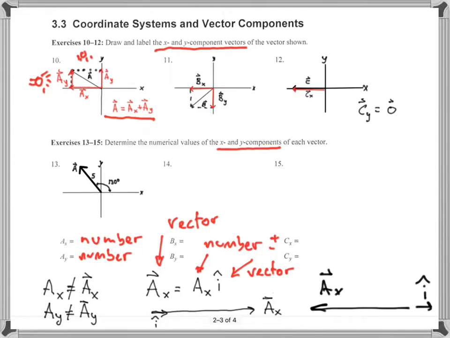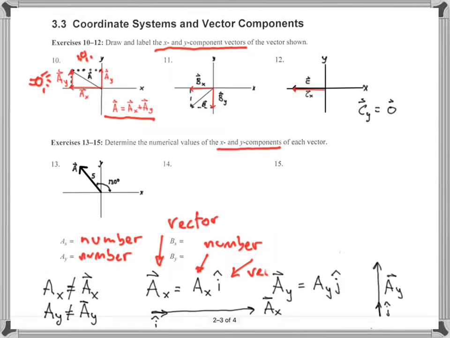It would be negative because i hat is always a vector pointing to the right. So the ax component vector is a multiple of i hat, but that multiple is a negative multiple. For example, if ax was minus 5, then the ax component vector would be minus 5 times i hat.